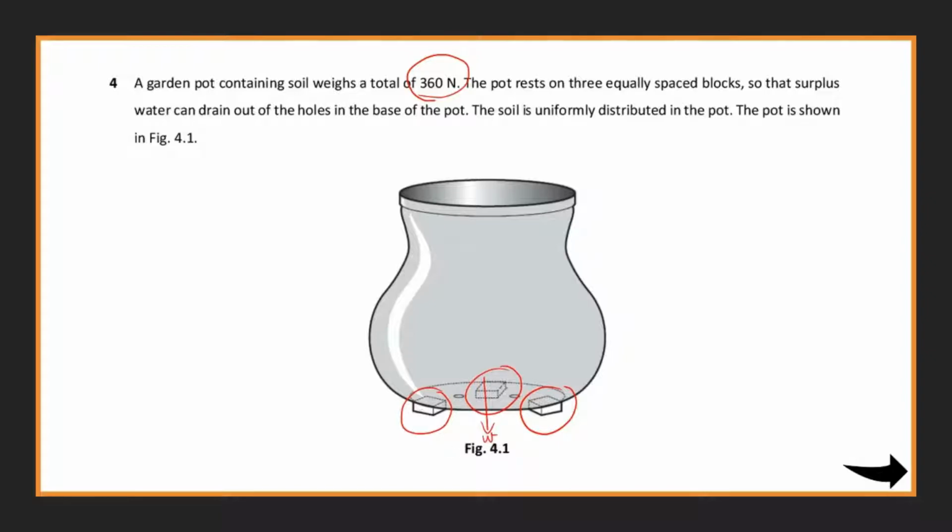The support from the three blocks must make the pot balance. So, the direction of the forces must oppose the direction of the weight. Since the direction of the weight is downwards, we can conclude that the direction of the forces on the support go upwards.